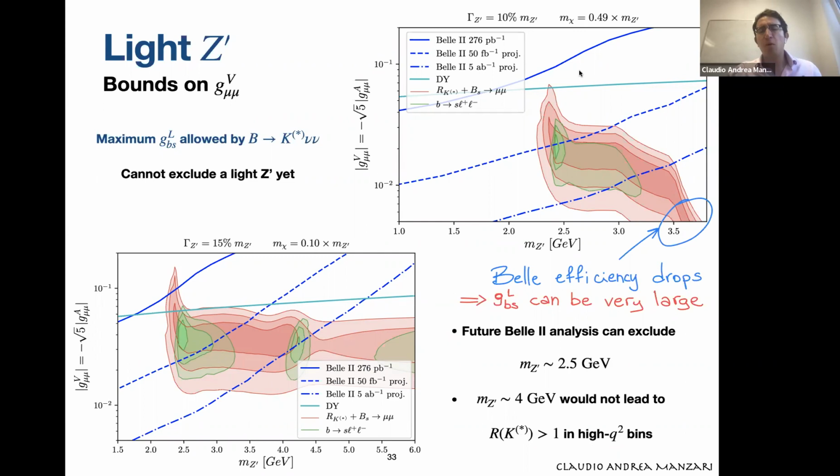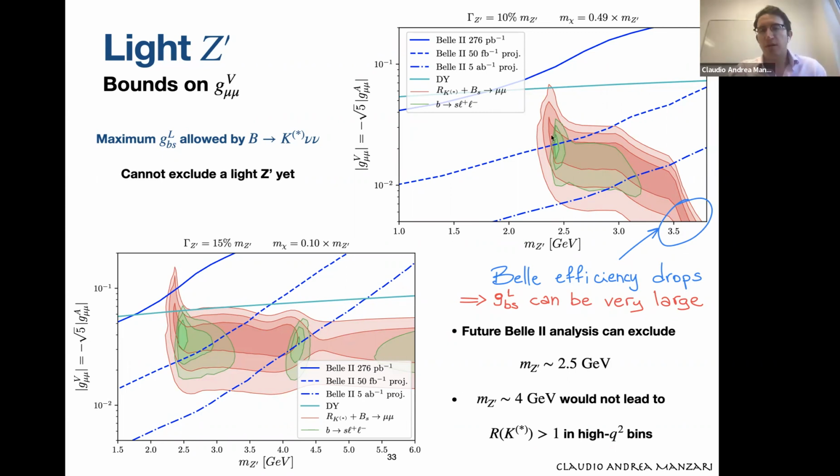This weakens at most the bounds from B to K ν ν. And in fact, you see that we can put bounds on the muon coupling up to less than 4 GeV, because after this, we cannot put any bounds on the bs coupling, and the muon coupling can be as small as you like.